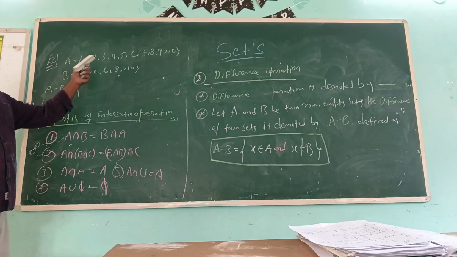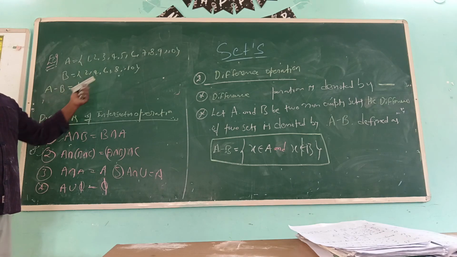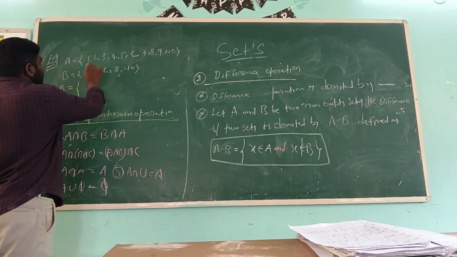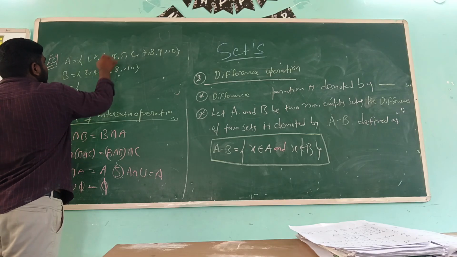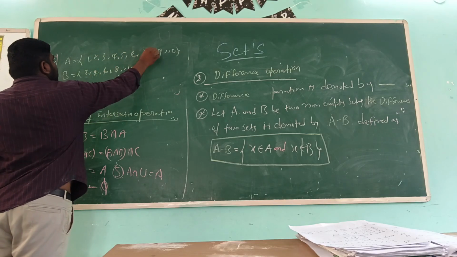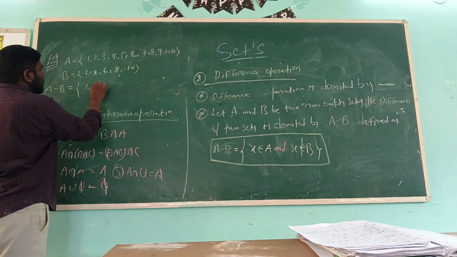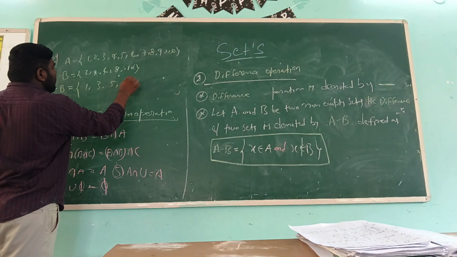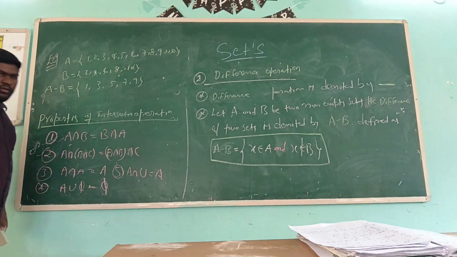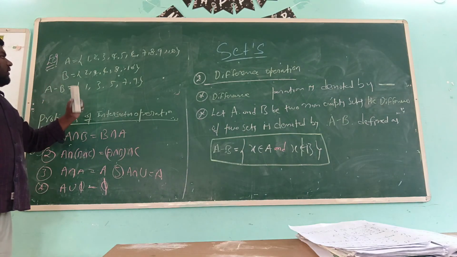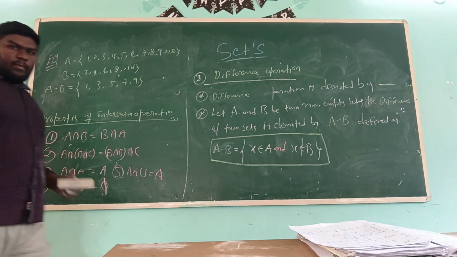X belongs to A and X does not belong to B. If 2 cancels, 4 cancels, 6 cancels, 8 cancels, 10 cancels, the remaining elements we can write as 1, 3, 5, 7, 9. Understood? This is called A minus B.